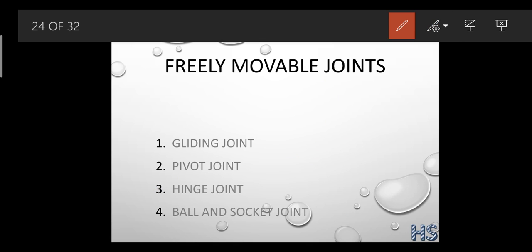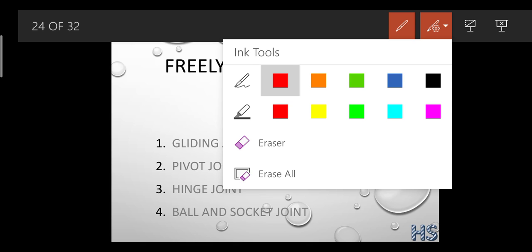So the hinge joint is present in the elbow, between the humerus and the forearm, and in the same way it is present in the knee also. See, if I'm talking about the elbow, you have to take the knee as the respective other part.